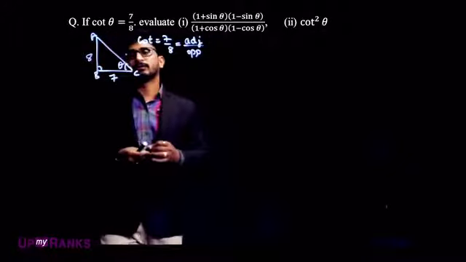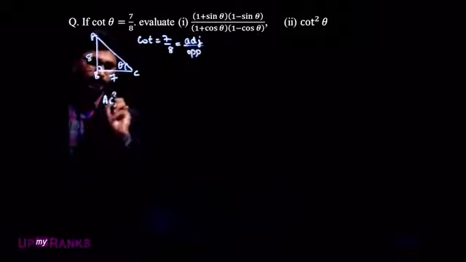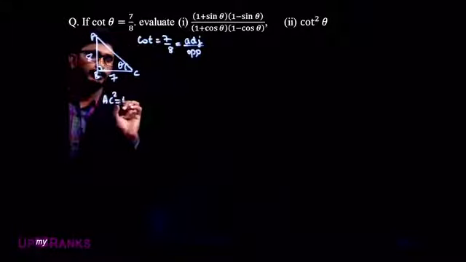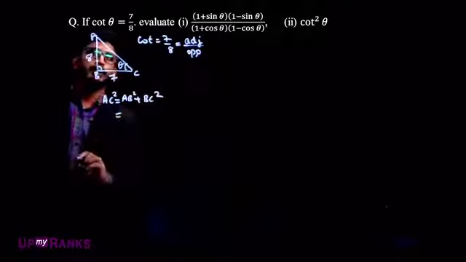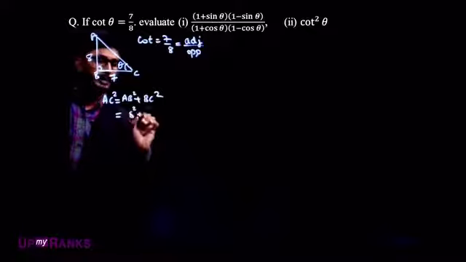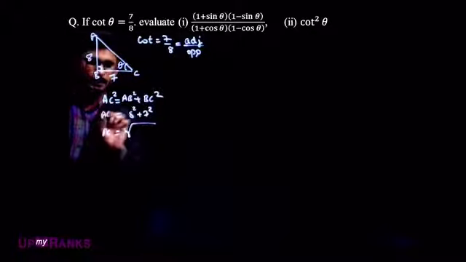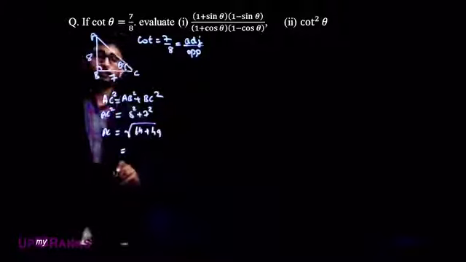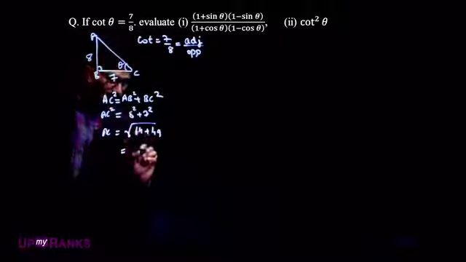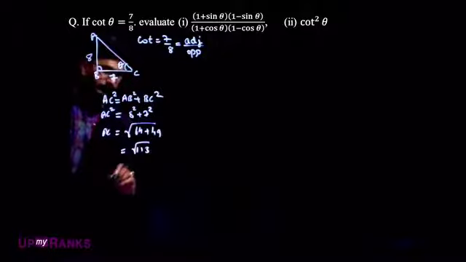Now, children, we have to find this AC. AC square is equal to AB square plus BC square, so 8 square plus 7 square. So AC is the square root of 64 plus 49, which is 113.